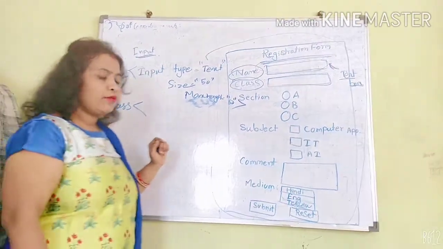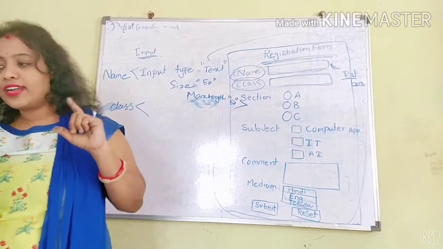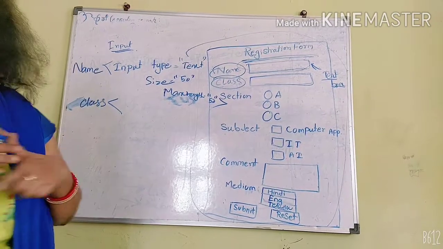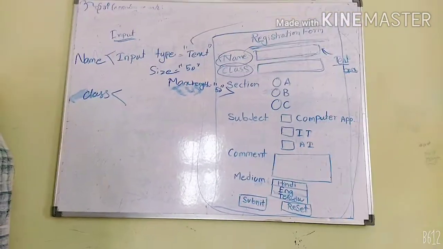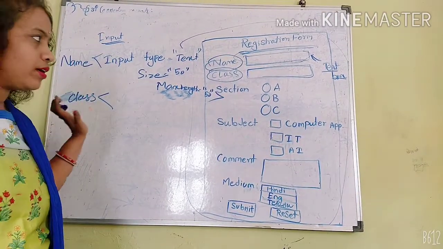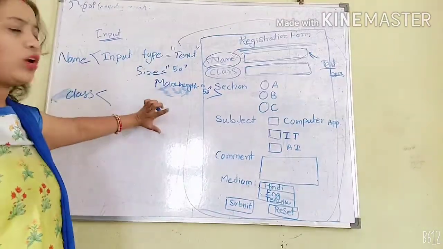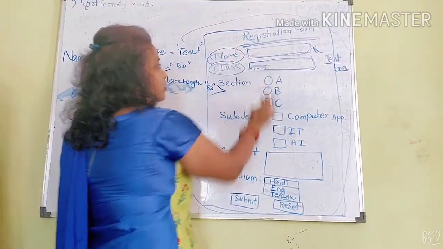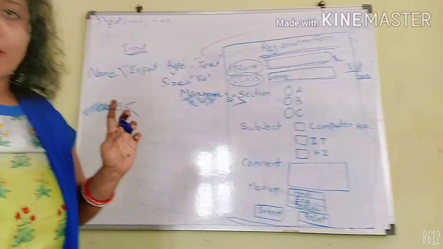At that time you have to hide the text, so you use type equal to password, and the size and everything else is the same. Just use type equal to password, which means the password field shows stars or dots or something similar.